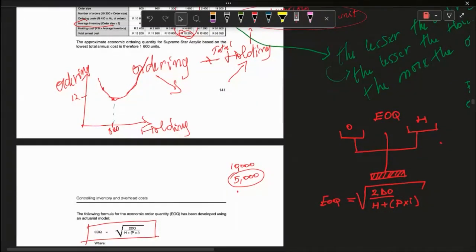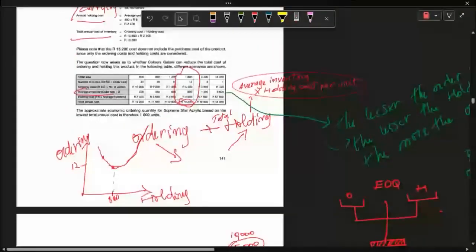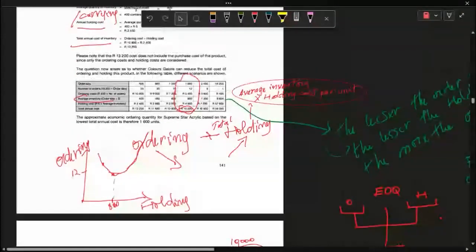Yes, your cost of ordering might be low, but if your cost of holding the product is high, it does not make economic sense. So you need to find that quantity.